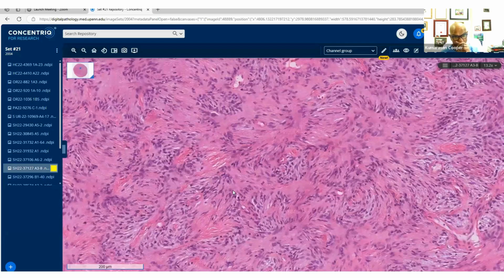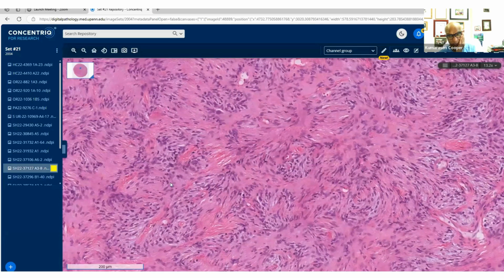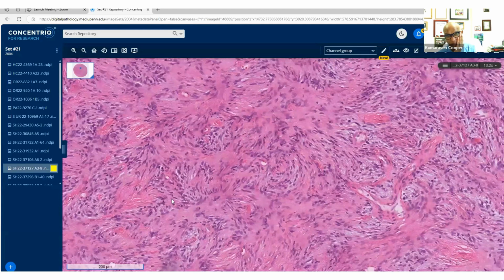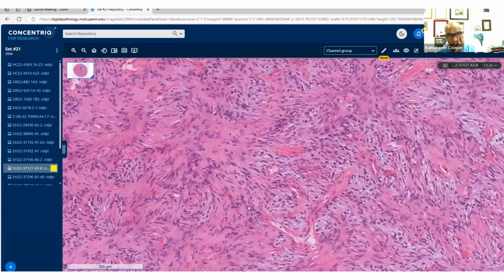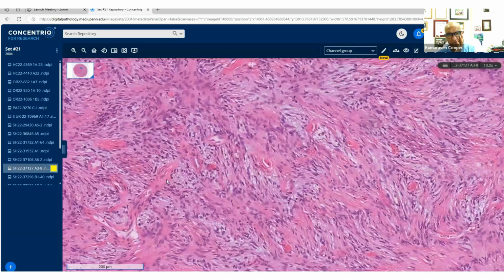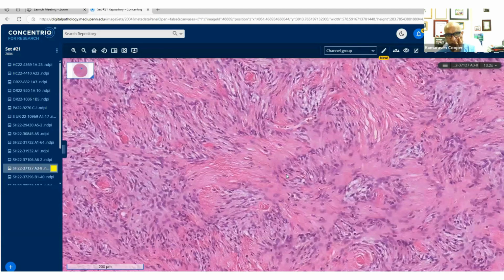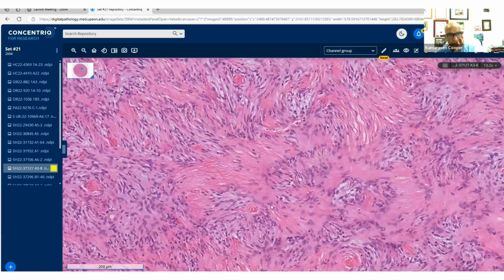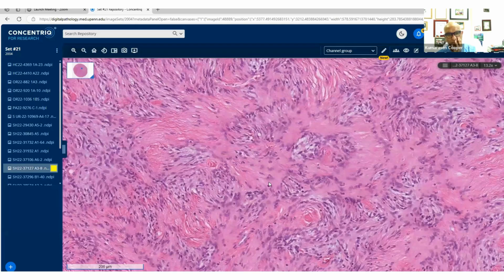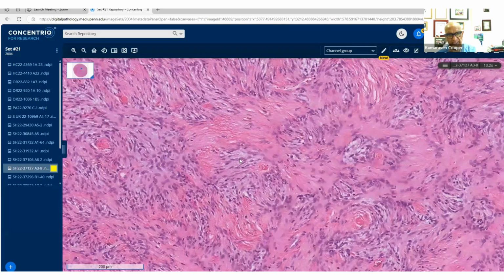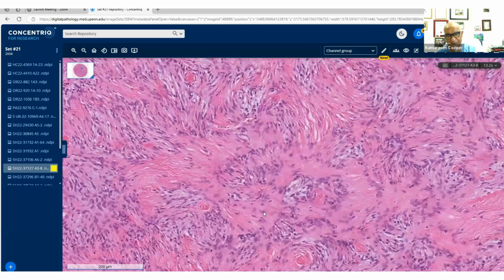Again, not using these terms to give you any differential, but you can see these vague patterns here as well. Any other thoughts? Yeah, some of these almost palisading, yeah, almost. I don't want to say Verocay-like, but it does look Verocay-like.